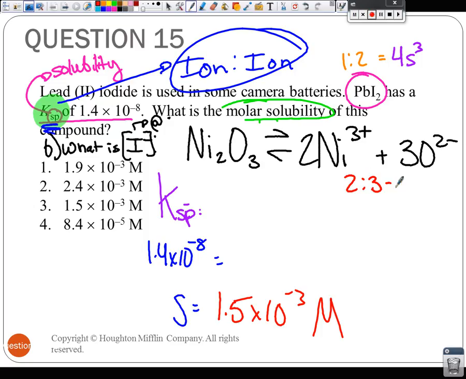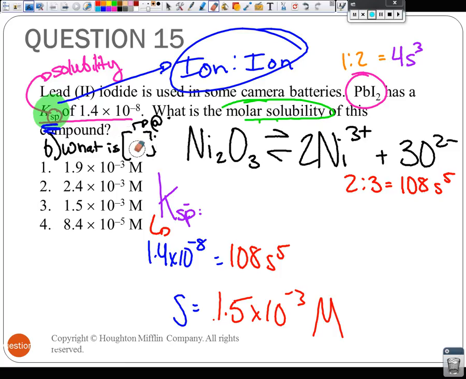What's the 2 to 3 ratio S formula? 108 S to the 5th. I know that would be complicated math. Let's just pretend that this is the KSP and we did 108 S to the 5th and we got that number at the bottom. I know that that's not the right answer. But what if it came back and no longer said, what is the nickel concentration?